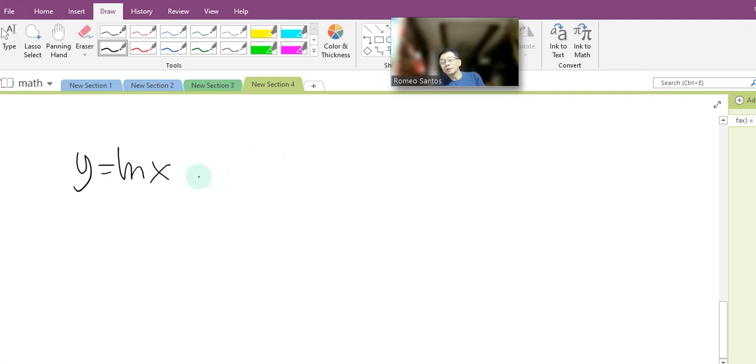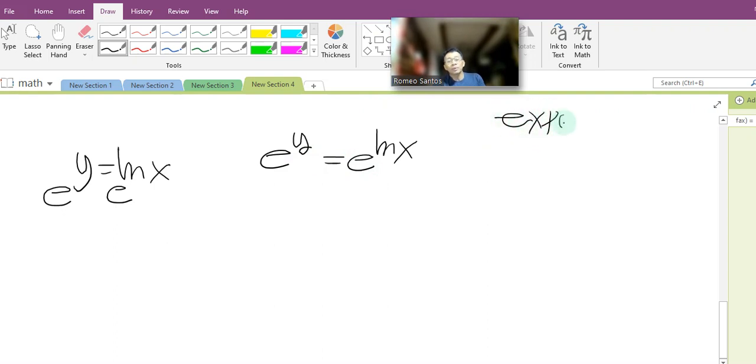We exponentiate both sides. So, e to y is equal to e to ln x. The base becomes e. You exponentiate both sides. This is how we do it.